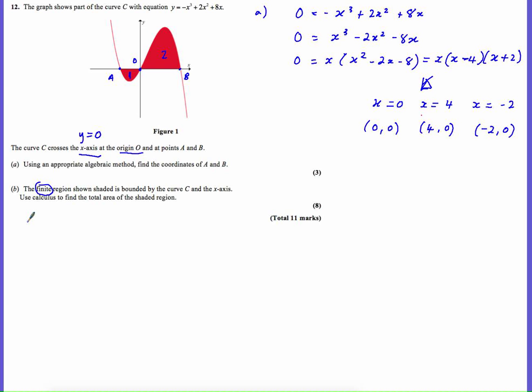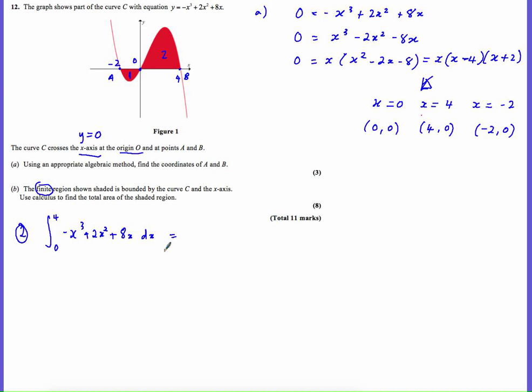I've got to do two different things, but I'm aware that this one should give me a negative answer. To find area 2, I'm going to start with that first. I need to integrate between 0 and 4, because that was the value on my x-axis there. That was 4, that was minus 2. Integrate between 0 and 4, minus x cubed plus 2x squared plus 8x with respect to x.